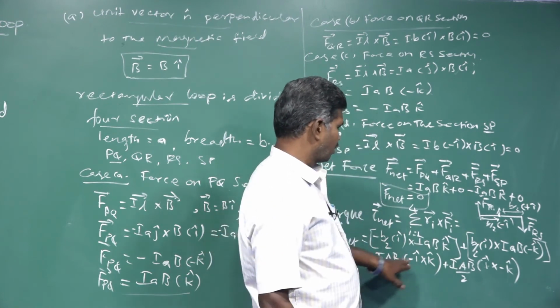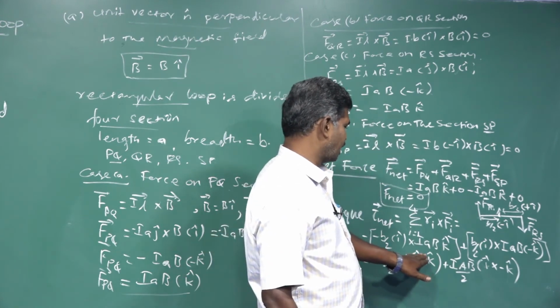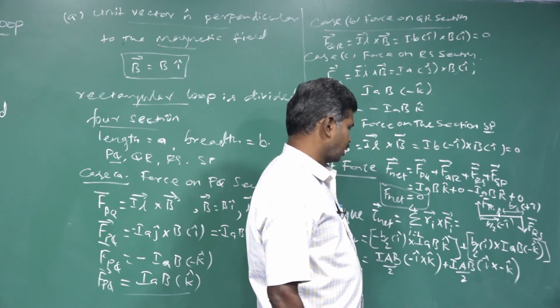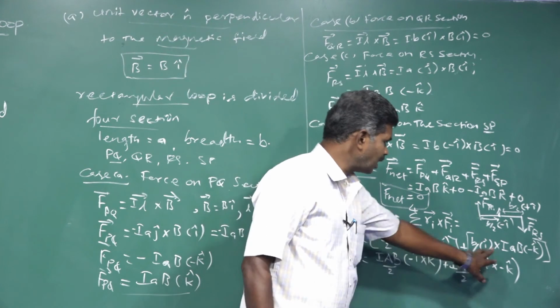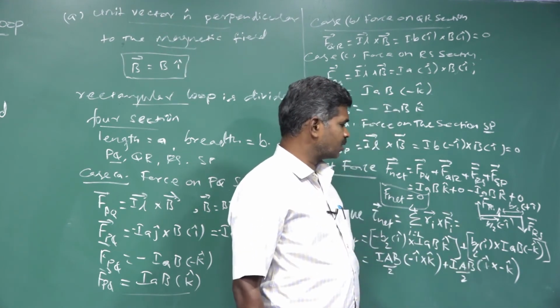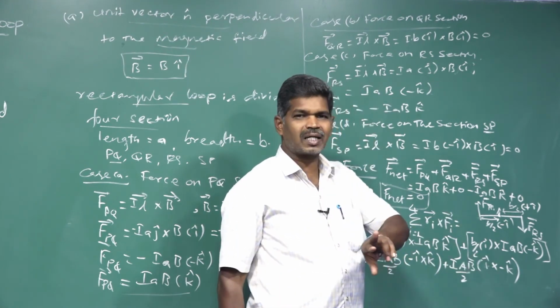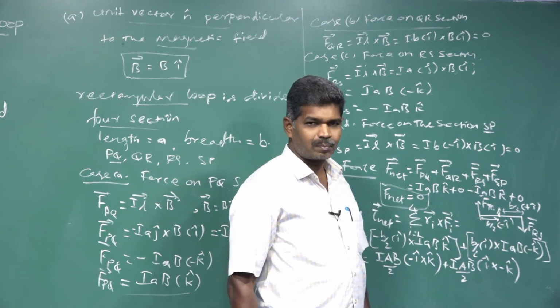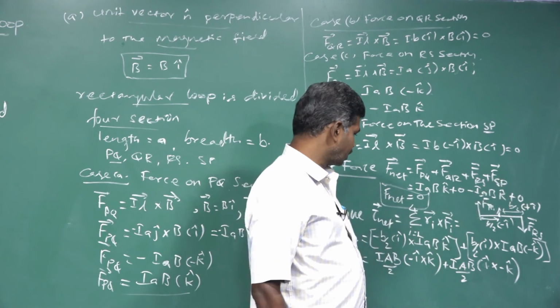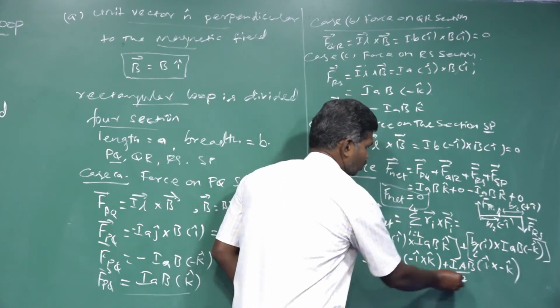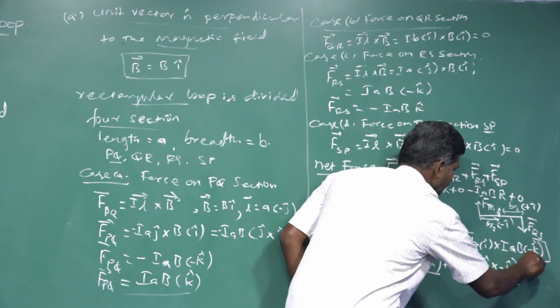So this minus I cap cross K cap can be taken as K cap cross I cap. Similarly, I cap cross minus K cap can be taken as K cap cross I cap. K cap cross I cap can be given as J cap. So instead of these two, we will substitute J cap.